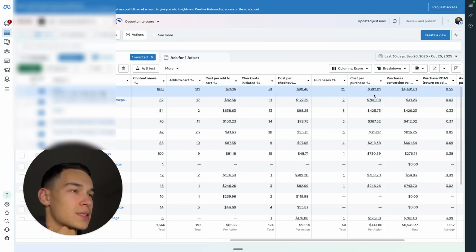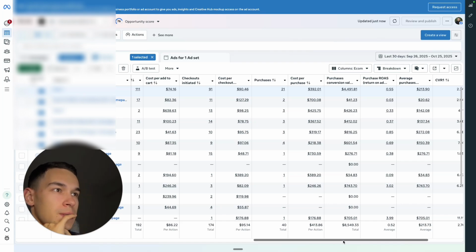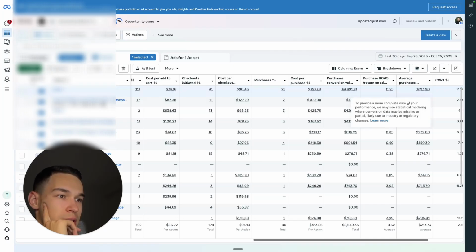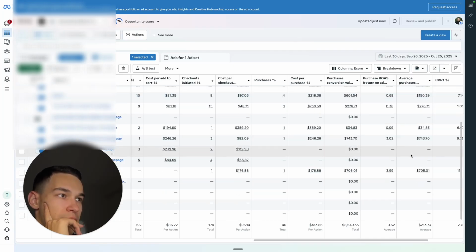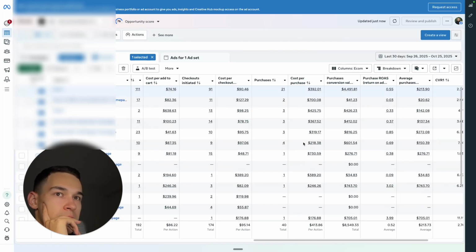The first one has quite a big purchase value, which is quite weird to me, to be honest. Like 4.5. Oh wait, it's the cumulative. All right, that's good then. $200 average purchase value again says to me that a lot of existing customers are buying in this one. A couple of sales for $700 with good CPA, so that's good.